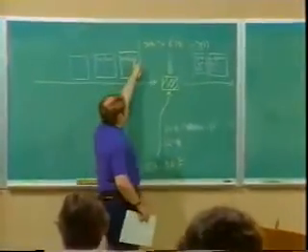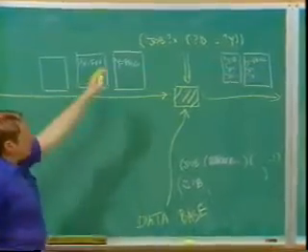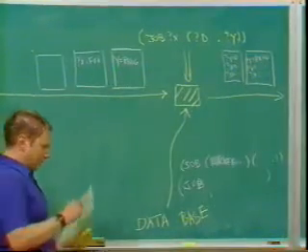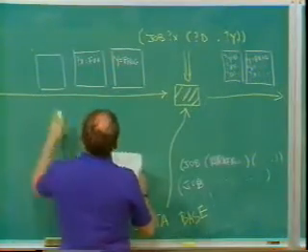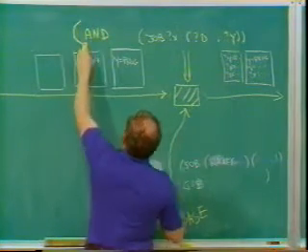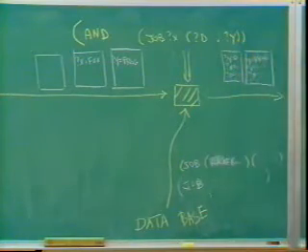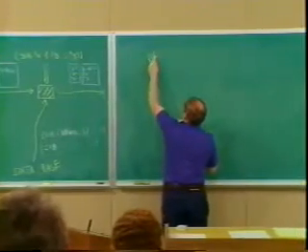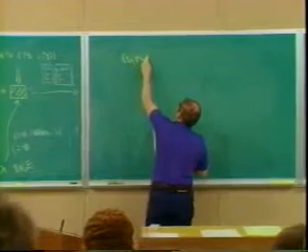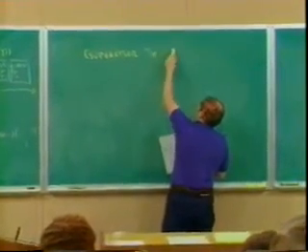suppose I don't only want to do this. I don't want to say give me everybody's job description. Suppose I want to say: and the job of x is d dot y, and the supervisor of x is z.